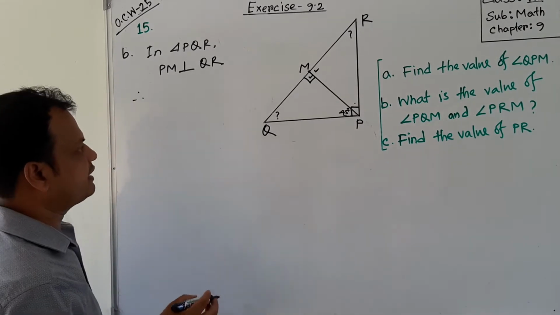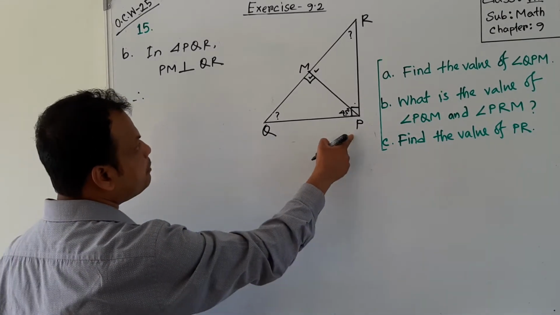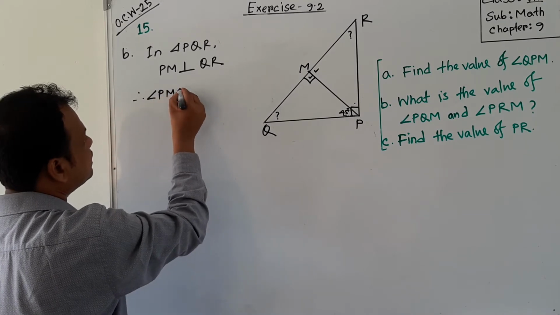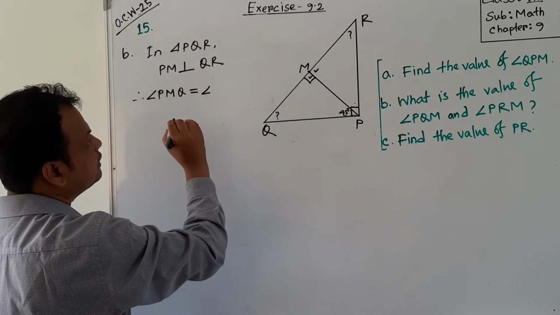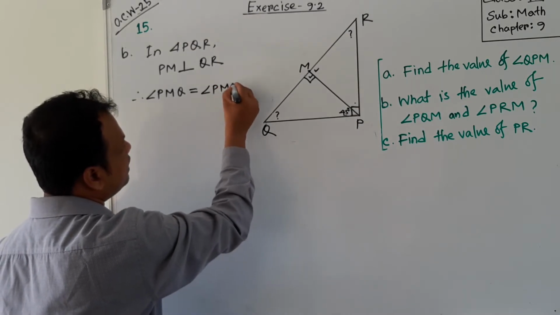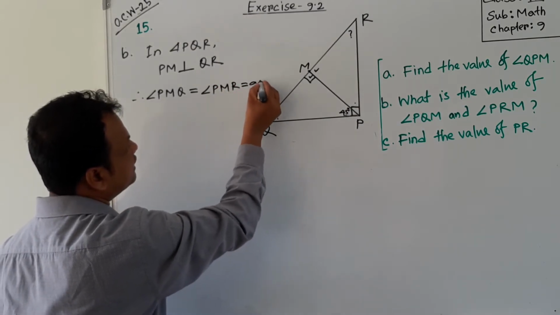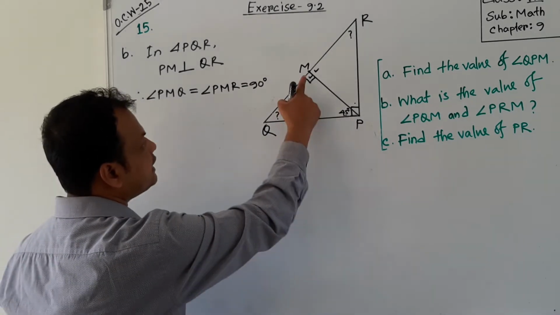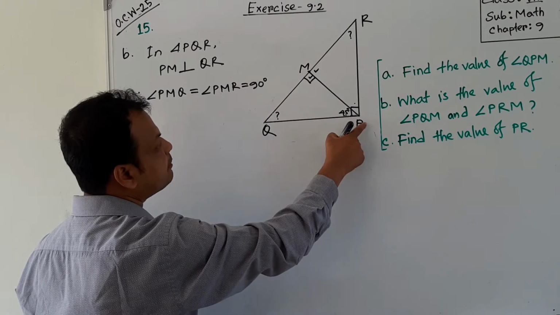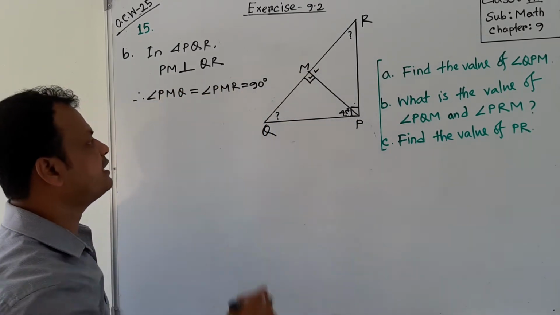Therefore, we can tell that angle PMQ equals angle PMR equals 90 degrees. PMQ, this angle's value will be 90 degrees, and angle PMR will be 90 degrees.